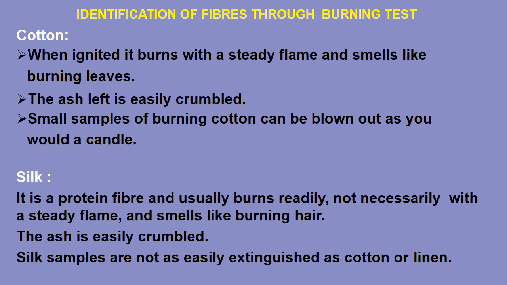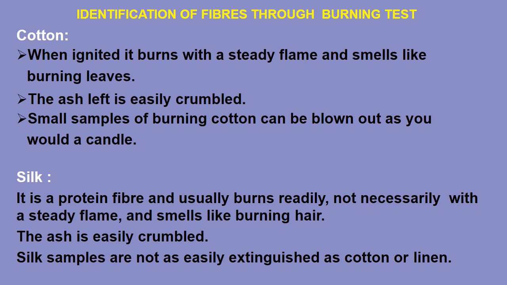Here we will discuss a little detail about the burning behavior and characteristics of four important fibers. First about cotton and silk, and next about wool and nylon. In the case of cotton, when ignited, it burns with a steady flame and smells like burning leaves.